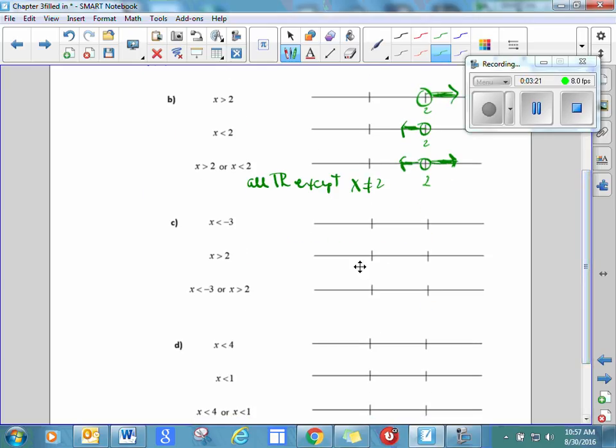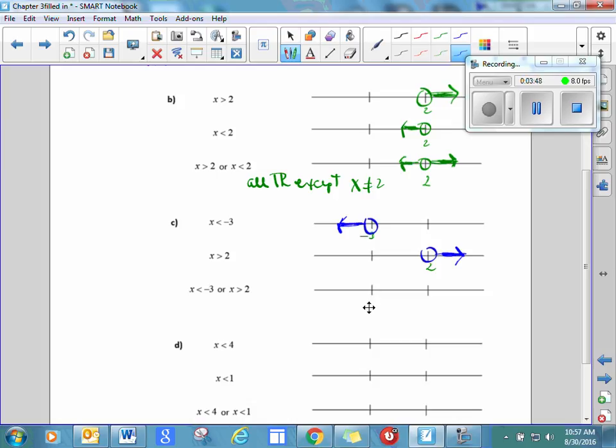Let's look at example C. Again, our target numbers are -3 and 2, so I'm going to write the -3 here and the 2 here. And then I'm going to graph all the numbers less than -3, and you guys can see this goes pretty quickly. Greater than 2. This is an "or" inequality, so it can be in one graph or it can be in the other graph.